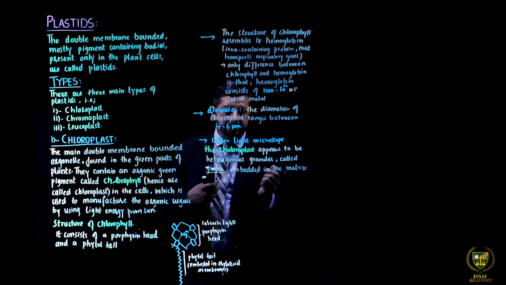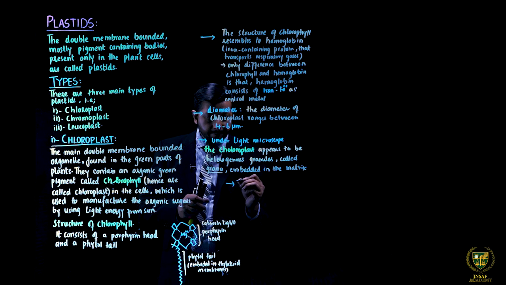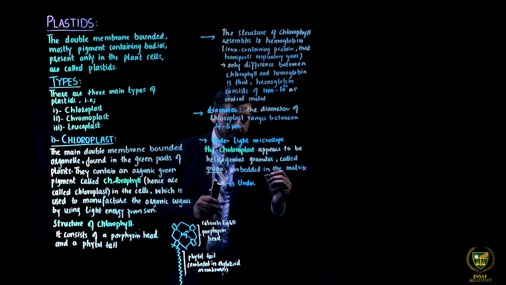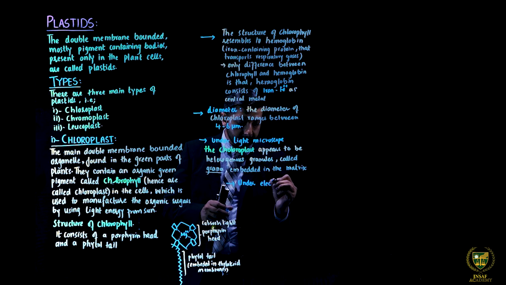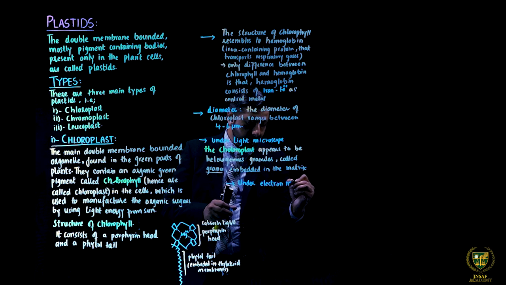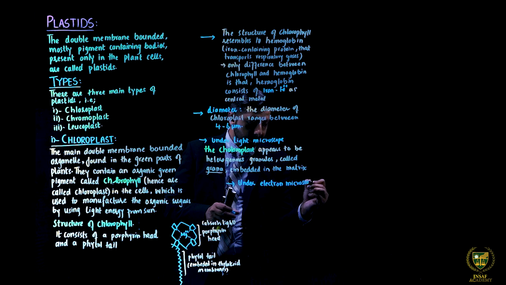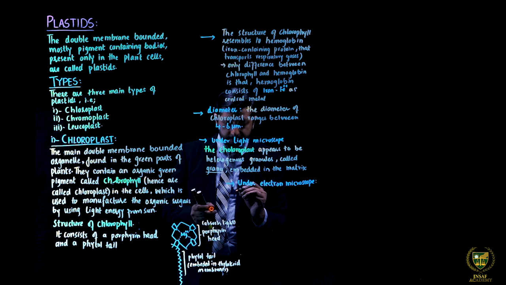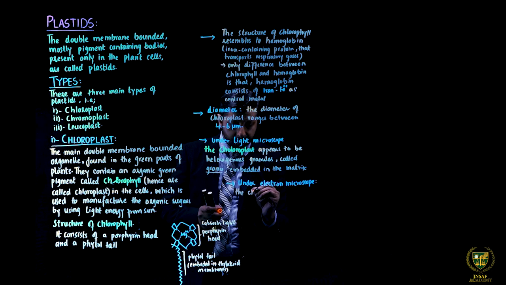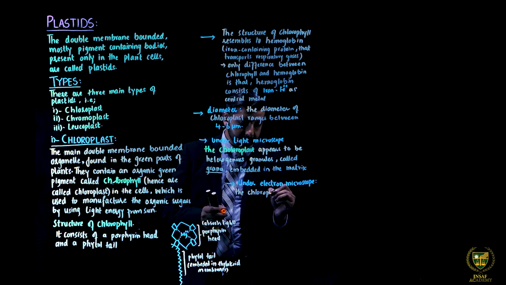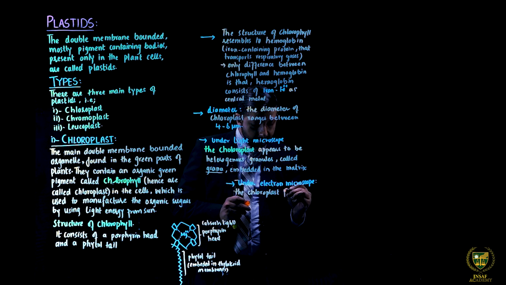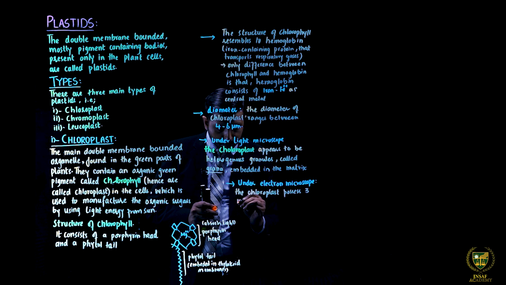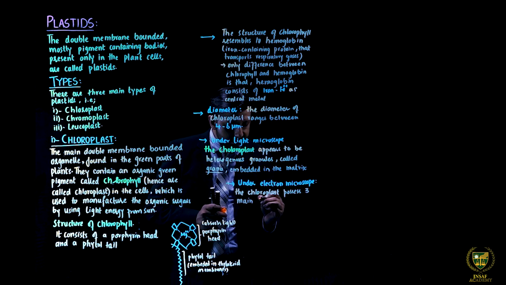But as far as the electron microscope is concerned, under electron microscope, the chloroplast possesses 3 main structures.